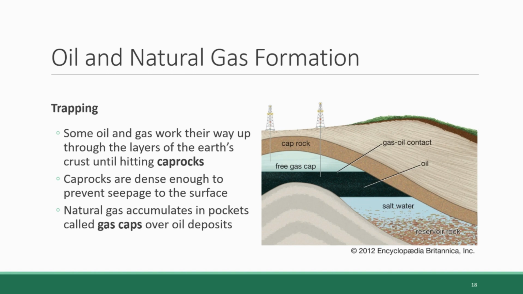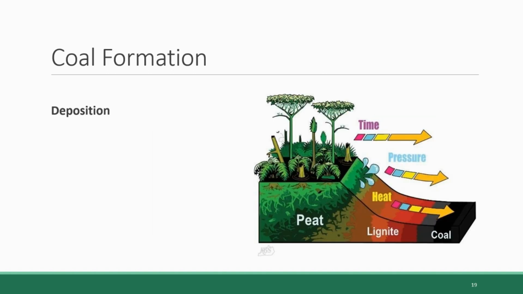The third type of fossil fuel is coal, which undergoes a very similar series of steps to oil and natural gas, with the main difference being that the formation of oil and natural gas happened in bodies of water, while the formation of coal happens on land.